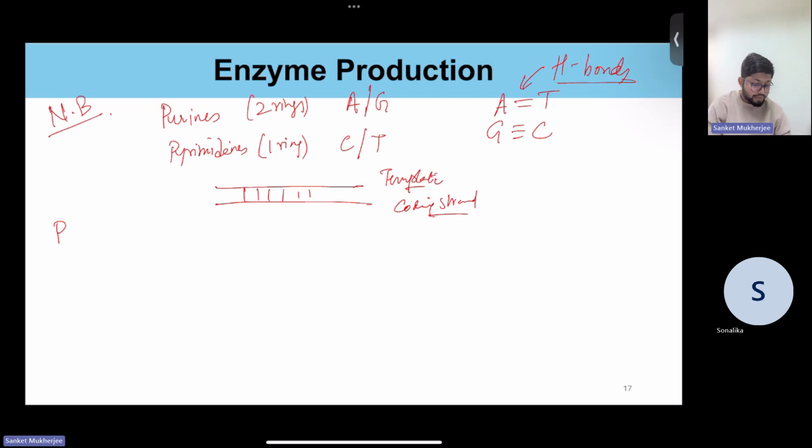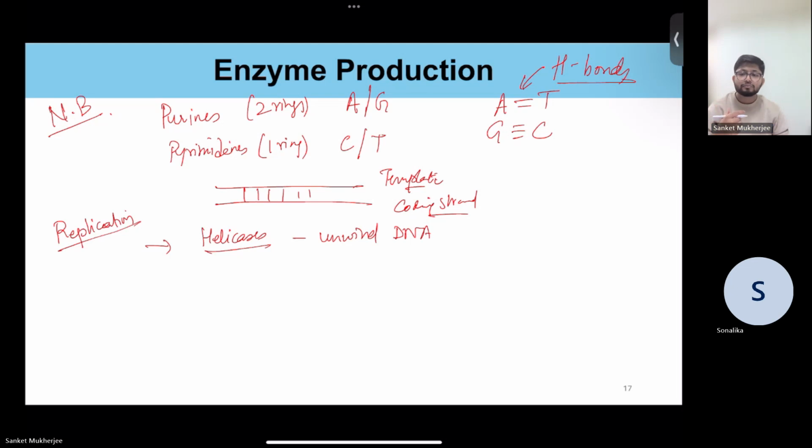In case of replication, based on which PCR is developed, there are certain important enzymes, like helicases. These helicases unwind DNA and separate it into two separate strands, right?